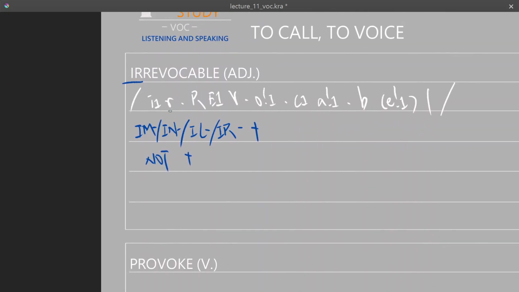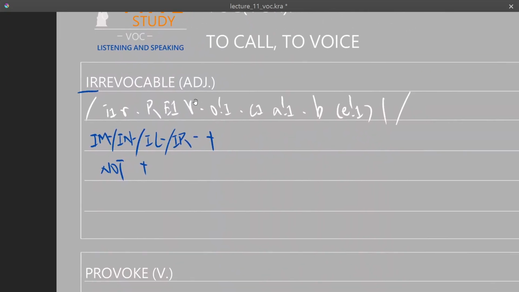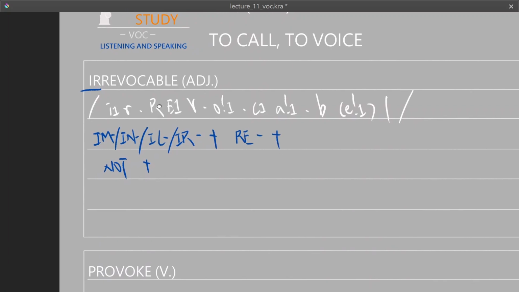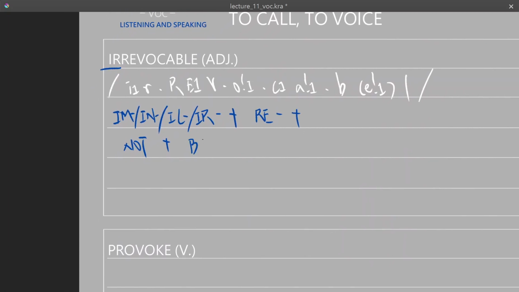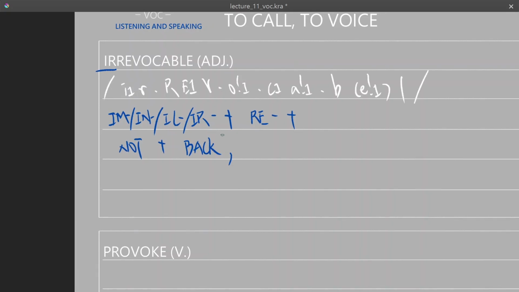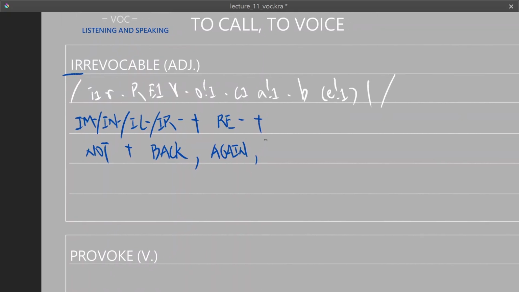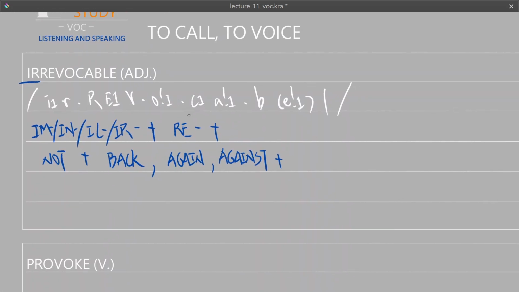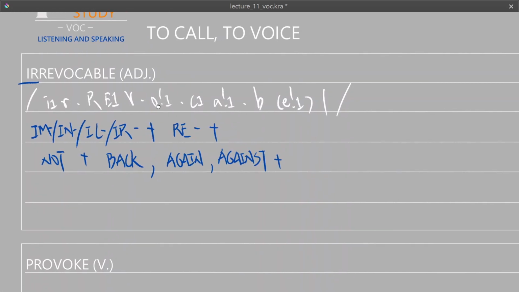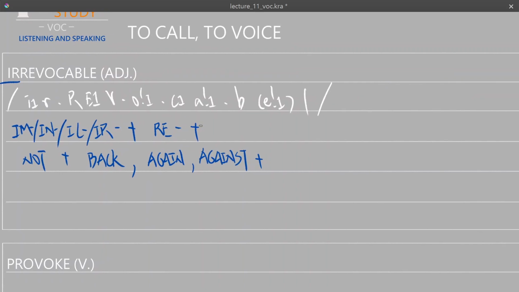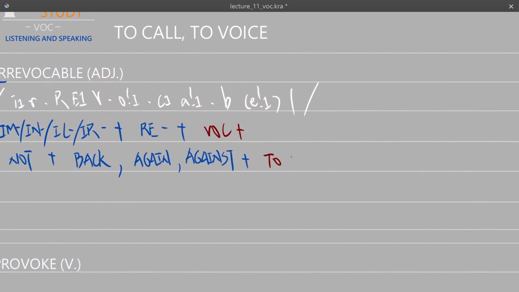And we have another prefix, re, meaning back, again, or against. Next, we have the root voc, meaning to call.